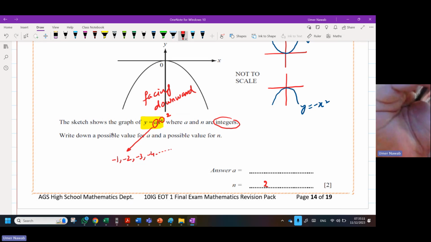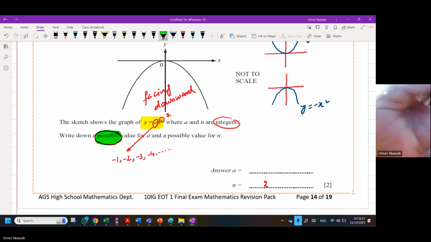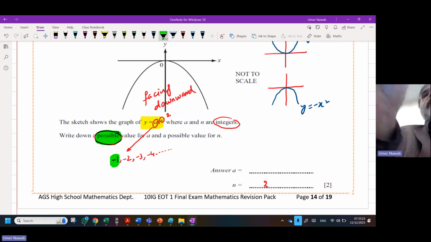Now he mentions here, find the possible value. If the examiner writes possible, it means there may be more than one answer. So I can write here -1, just, or -2, -3, -4, whatever you like.